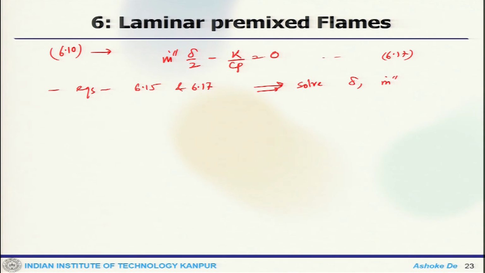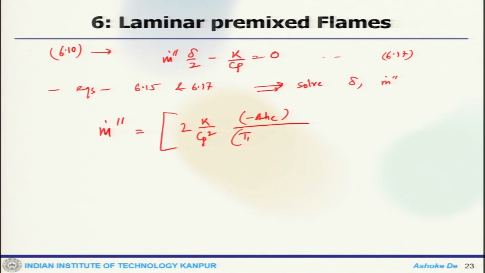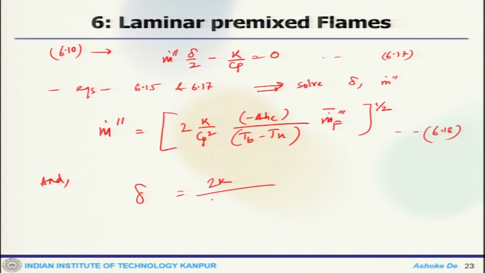Once we solve these two equations, the solution gives you m dot equals the square root of 2 kappa by Cp times the average reaction rate times (Tb minus T unburned), to the power half. That is one solution that you get, and the delta becomes 2 kappa by Cp m dot.